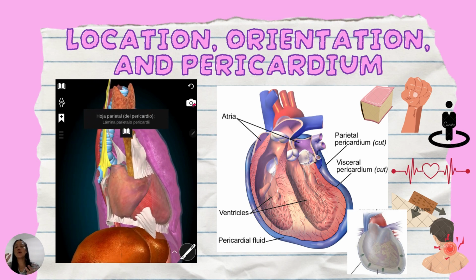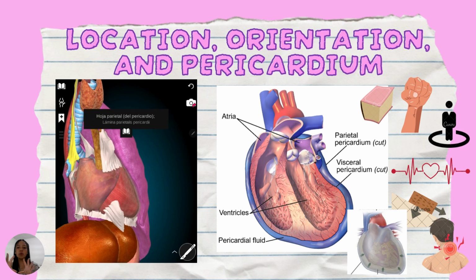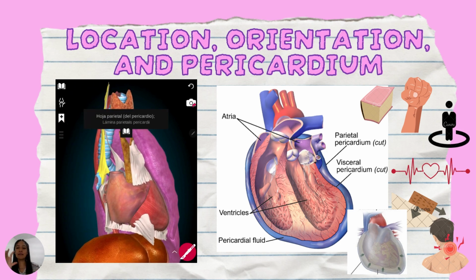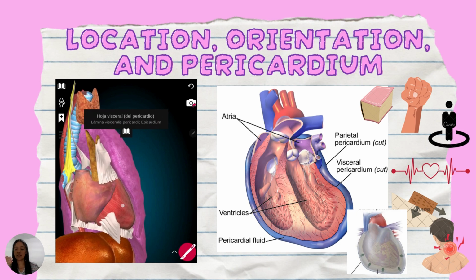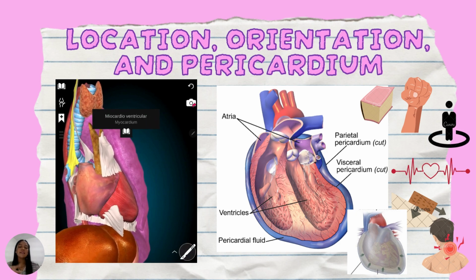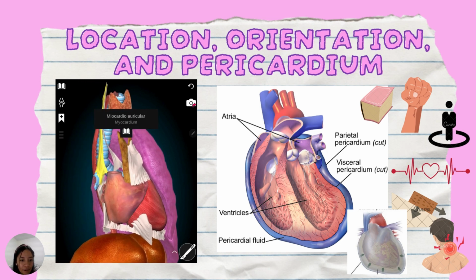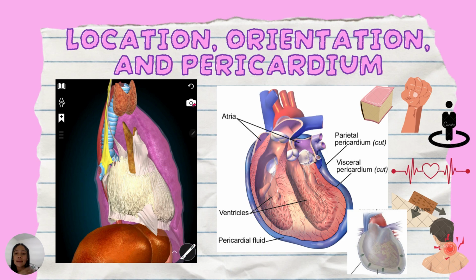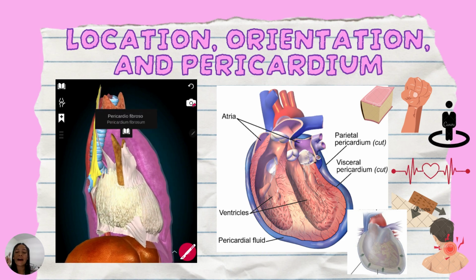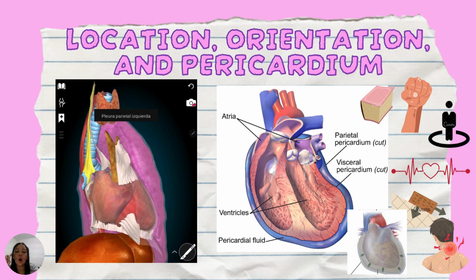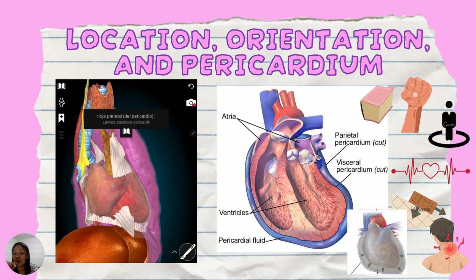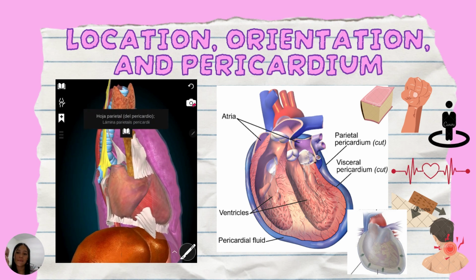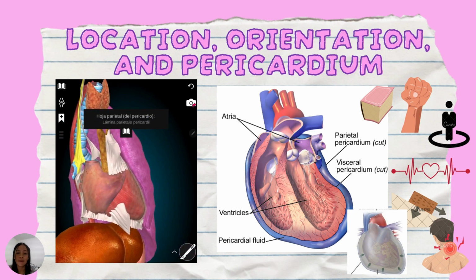Its role is very important because it prevents the heart from over-distending when it fills with blood and keeps it in position inside the mediastinum. Inside is the serous pericardium, which contains the pericardial fluid, and it is divided into a parietal and a visceral layer, the latter also called the epicardium.